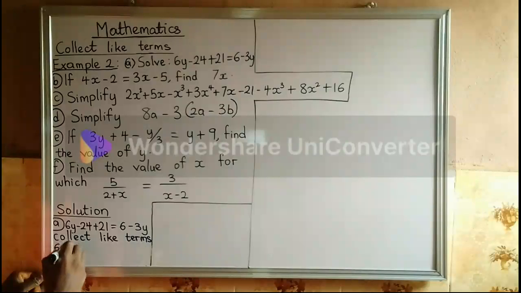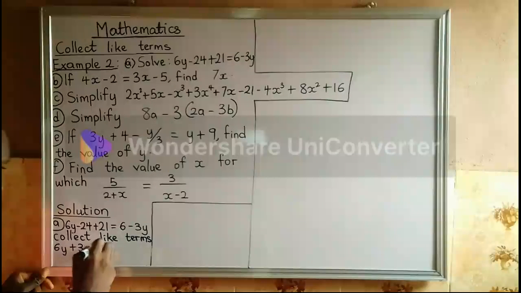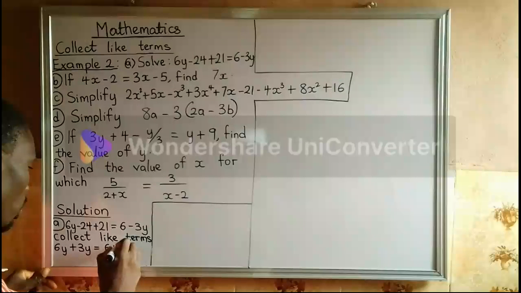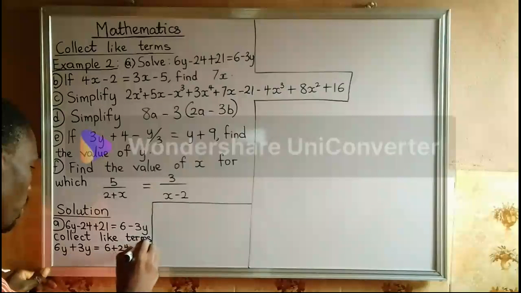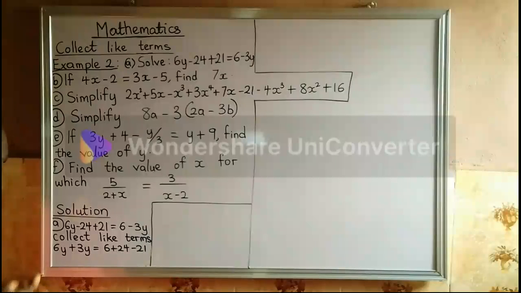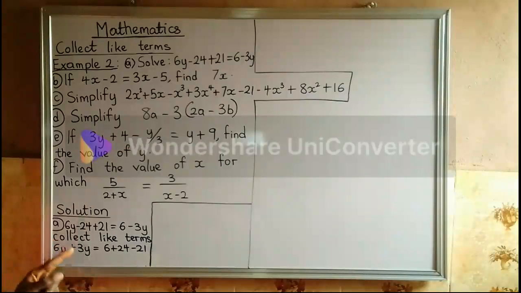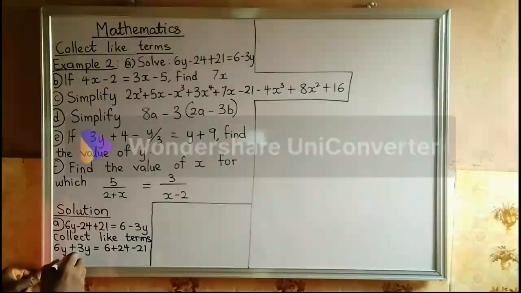So that's 6y plus 3y equals 6 plus 24 minus 21. So the next thing now, having collected the like terms, you evaluate. 6y plus 3y will give 9y.